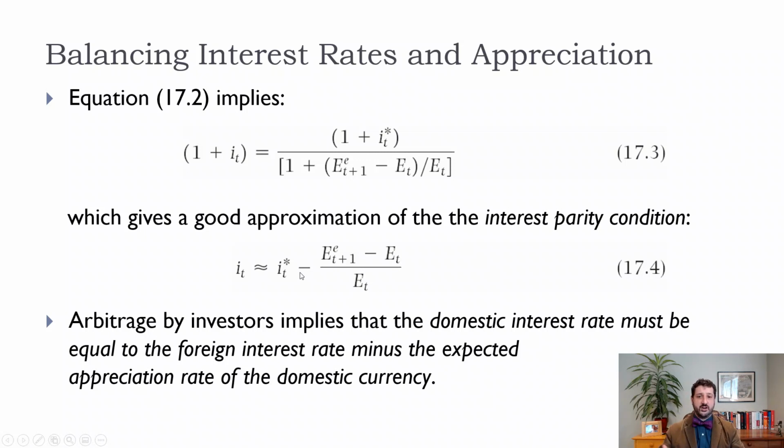However, if they're not the same, then there must be an expected change in the exchange rate. If the domestic interest rate is higher than the foreign interest rate, investors must expect to make up the difference in the expected change in the exchange rate, and vice versa. This is important.